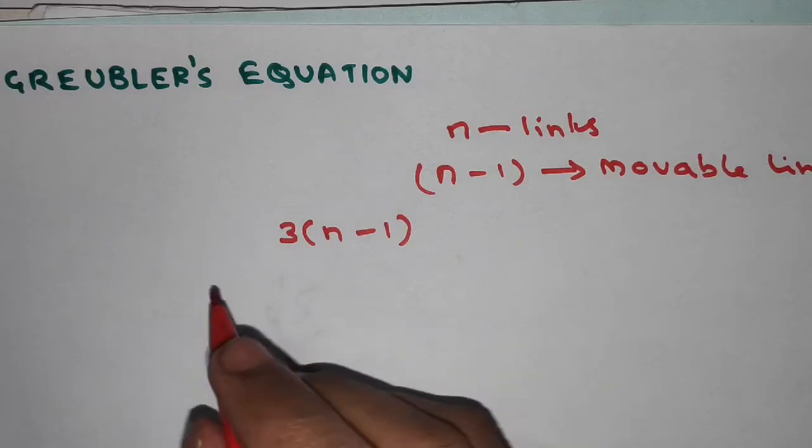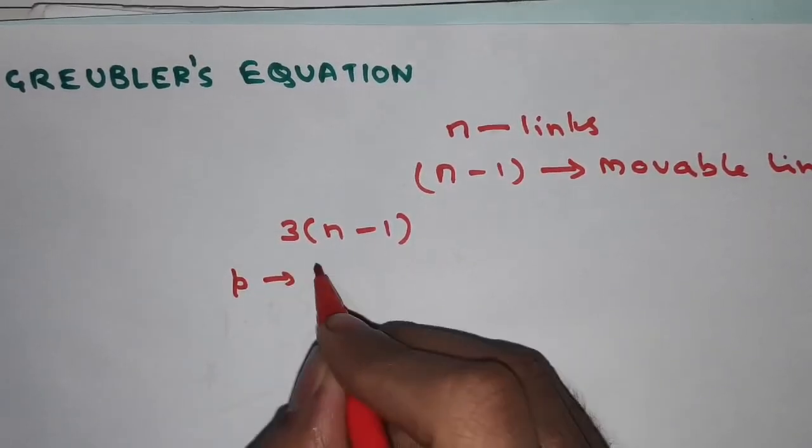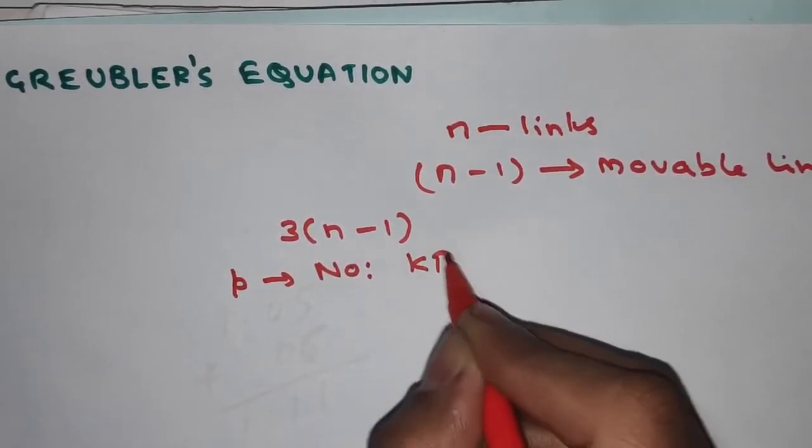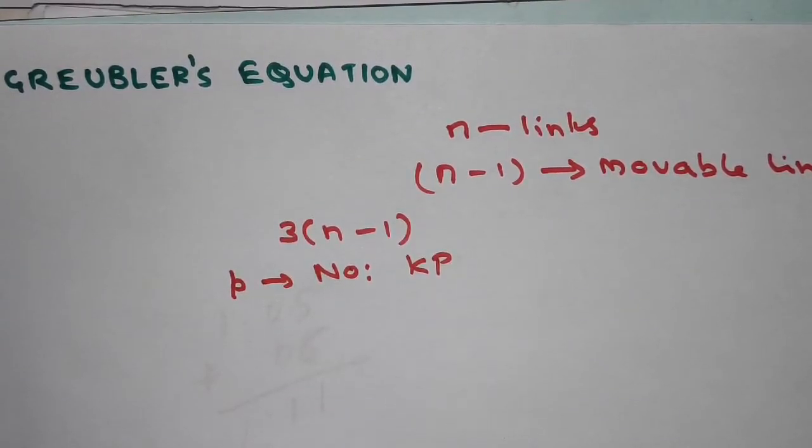Now, let us say P is the number of kinematic pairs between the links. That is, they form simple hinges in the mechanism, and that connects two links. An equation known as Kutzbach equation is employed to determine the degrees of freedom of a mechanism.